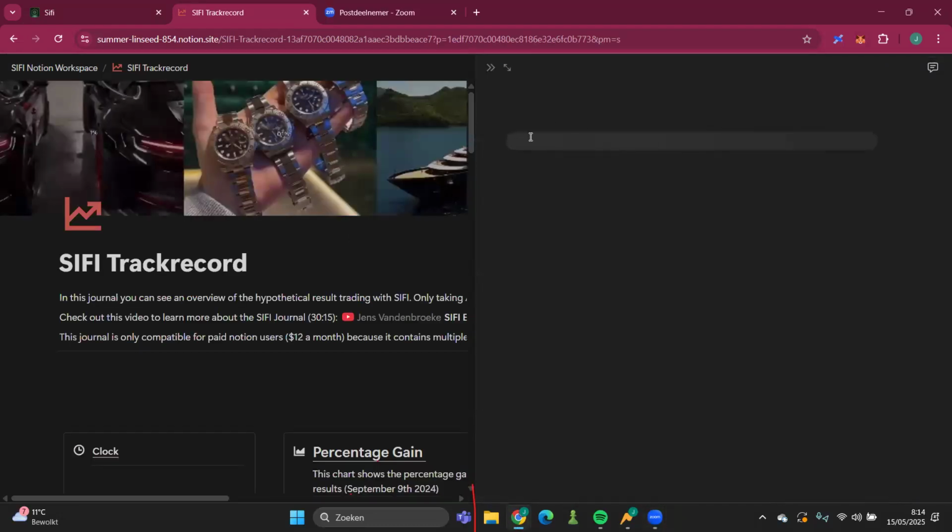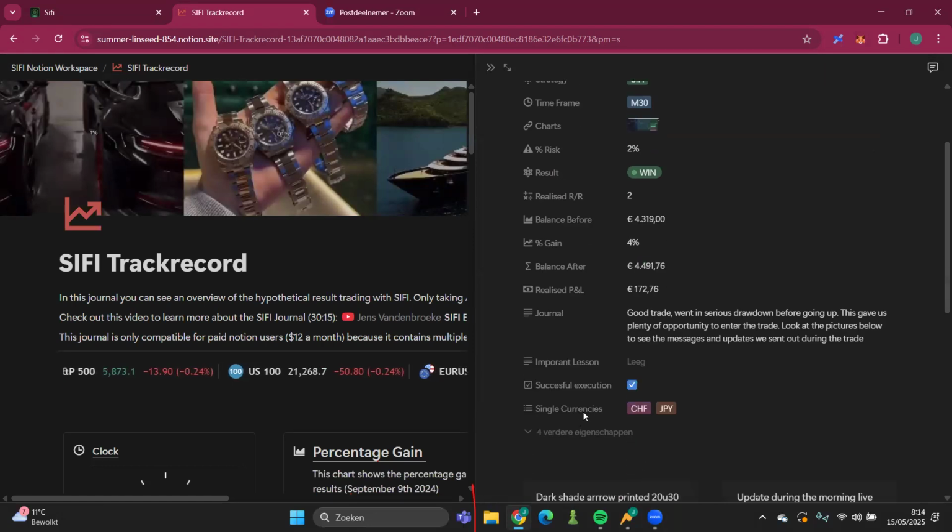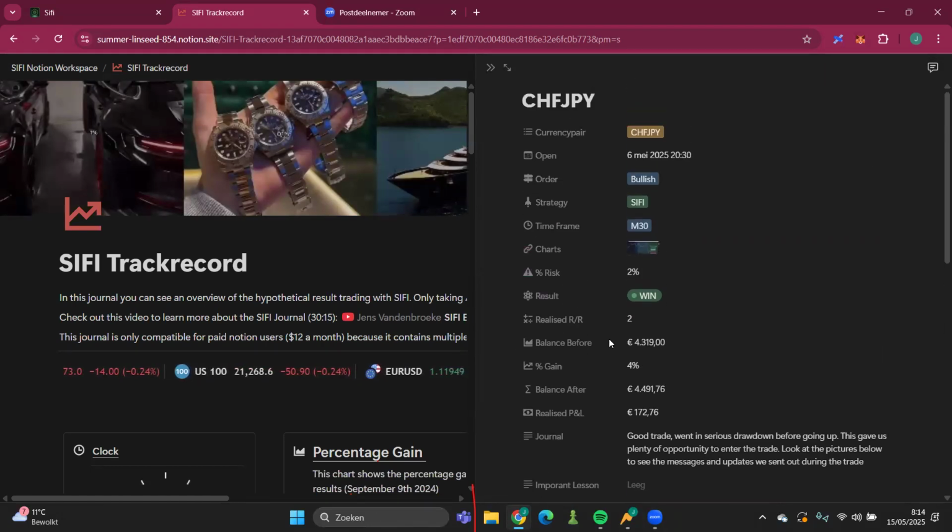Everything that I fill in is custom made. So the things I fill in are things I find important, like what's the date, what's the direction, what's the time frame. Those are things that I find important. Maybe some people don't. I want to see a picture. I want to know my risk, my risk to reward, my percentage gain.